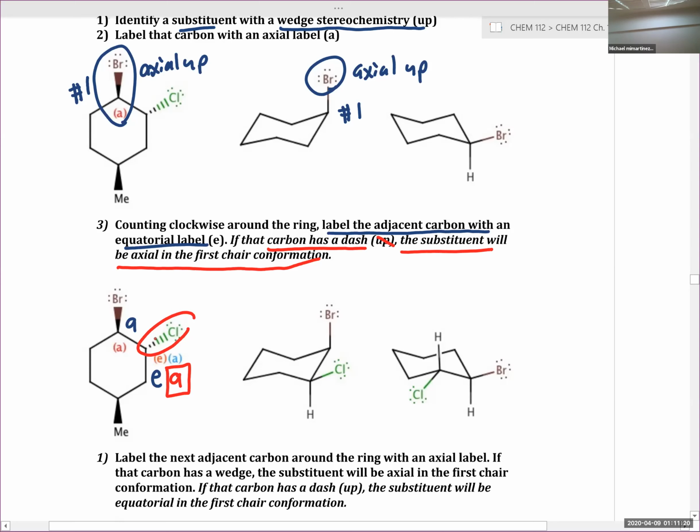So this chlorine, because it has a dash, will be pointing down. Now, because of that, instead of placing our chlorine in the equatorial position, we will place our chlorine in the axial down position.